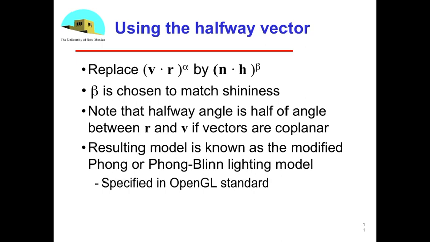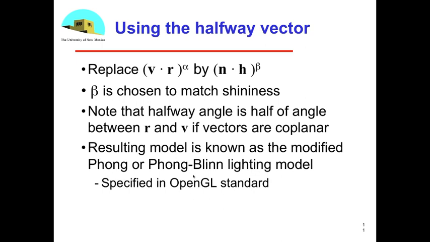So here's the point I was looking for. It's half of the angle you had here if the vectors are coplanar, and that's one. There's also another physical justification for how you would orient the surface to get the maximum reflection.